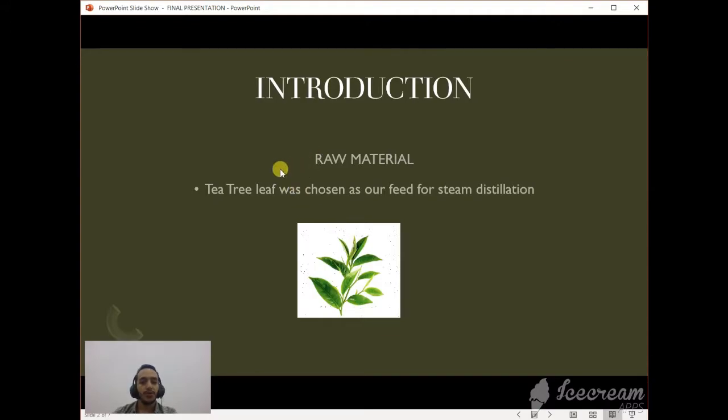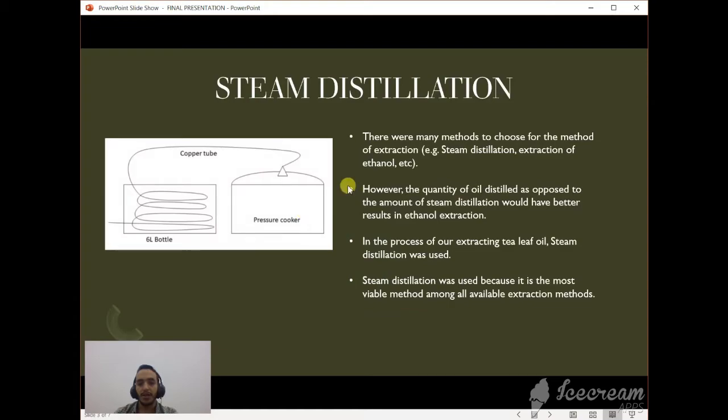For our project, we used the tea tree leaves as our raw material, and we used steam distillation as our extraction method. We chose steam distillation since it's the most doable and viable method among other extraction methods. We had a lot of methods to choose from, like steam distillation or extraction via ethanol.